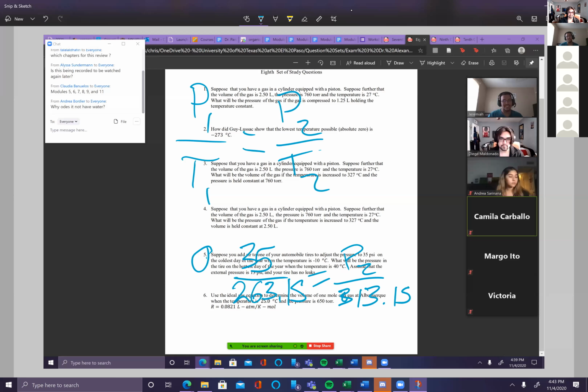Unless it specifies, like if it says what will the pressure be in ATMs, then you have to change it. But if it doesn't specify, I'd say just keep the pressure that it gives you. Okay, so what would your pressure be in this case? I got 41.65. Okay, there you go, 41.65.